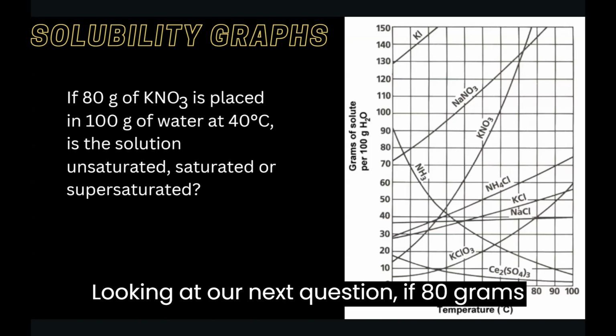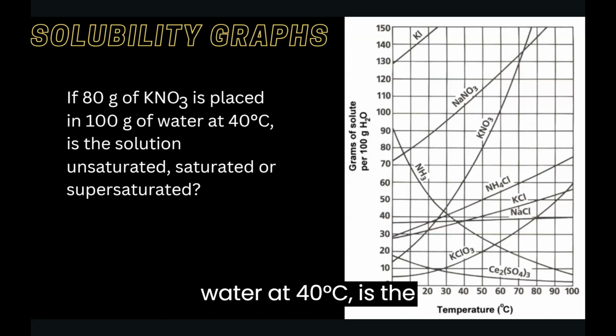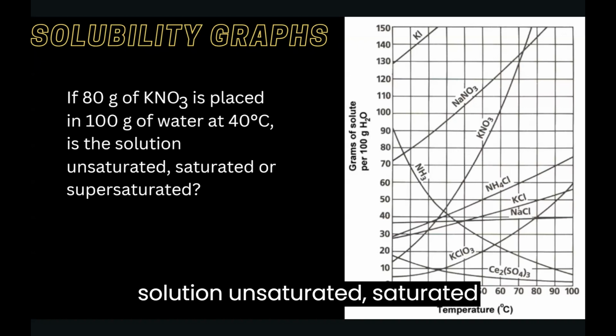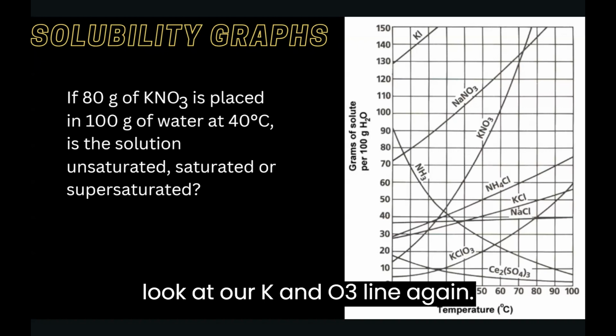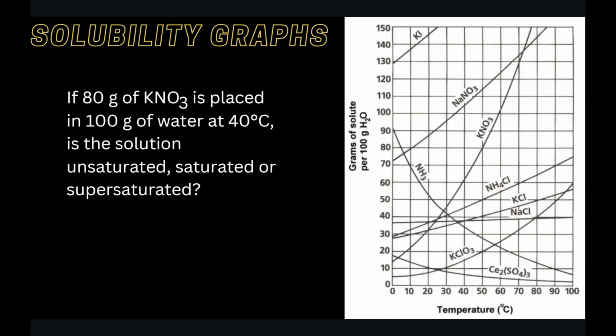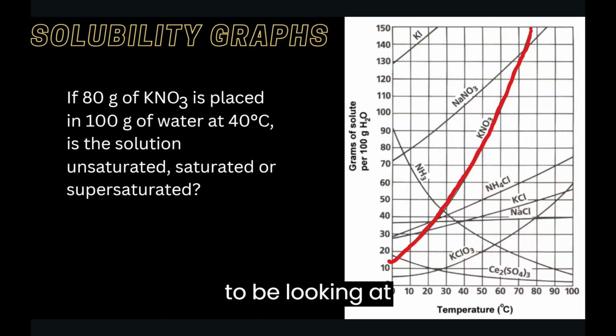Looking at our next question, if 80 grams of our KNO3 is placed in 100 grams of water at 40 degrees Celsius, is the solution unsaturated, saturated, or supersaturated? So we're going to look at our KNO3 line again. That is located right there. We are going to be looking at 40 degrees Celsius at 80 grams.